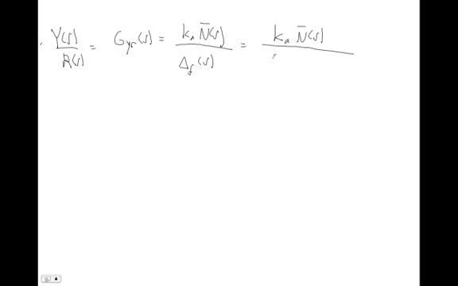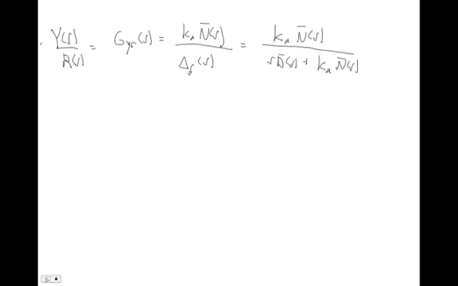Expanded back out, the denominator looks like s d bar of s plus ka n bar of s.